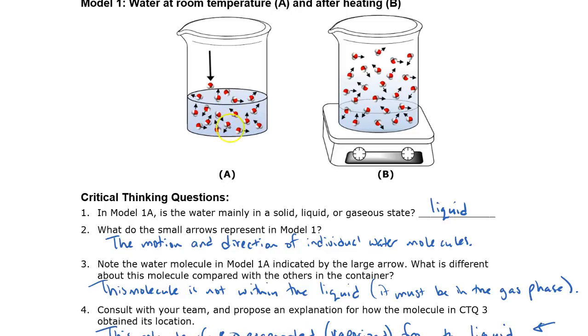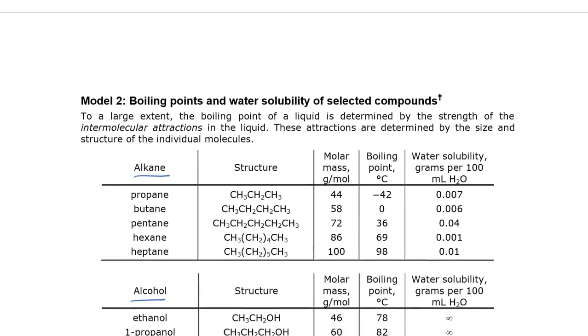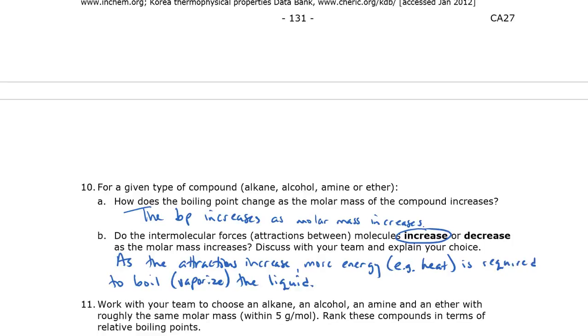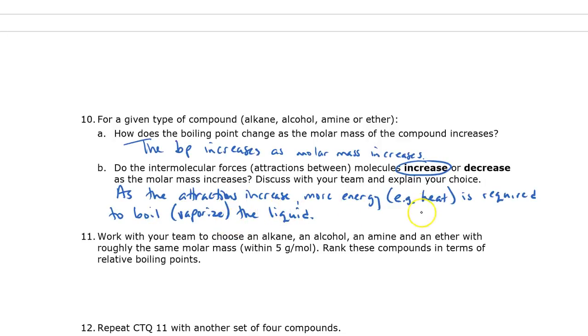And so the more they stick together, the more energy you'll have to add to make that happen. And the sticking together, that is the intermolecular attractions. Hence my sentence, which says that as the attractions increase, more energy is required to boil or vaporize the liquid. This is a pretty key concept and something that you'll want to have firmly in your mind about intermolecular forces and energies as we go through the class.